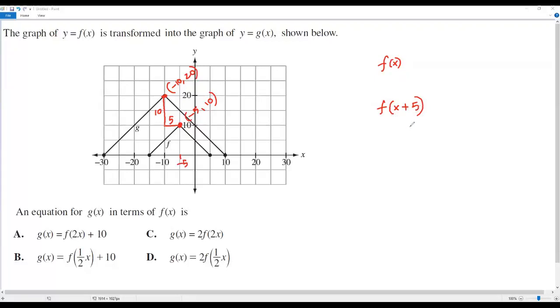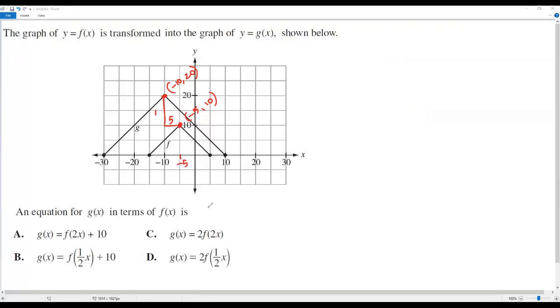If I do a horizontal translation to the right, then I have to subtract that value from x. But here I have done a translation of 5 units to the left, so I'm adding 5 to x. Here I find x plus 5. In any of the given options, do I find x plus 5? No, in none of the options do I find x plus 5. I think my idea of applying horizontal and vertical translations on graph f will not work.